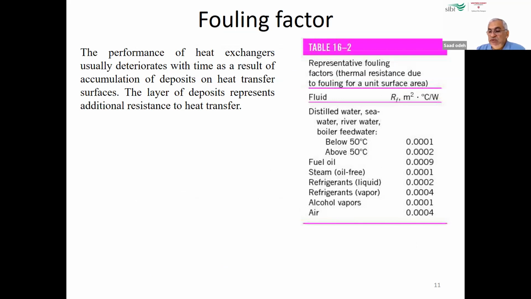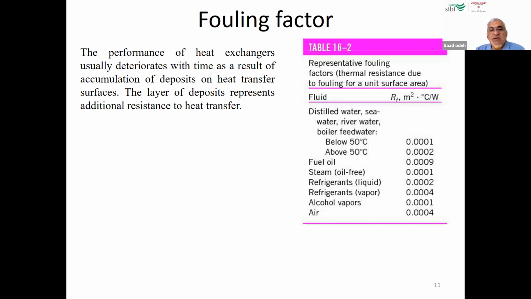For example, if I'm using river water or ocean water to cool a condenser in a power plant, this ocean water or lake water or river water is not 100% pure. The purity is not high.